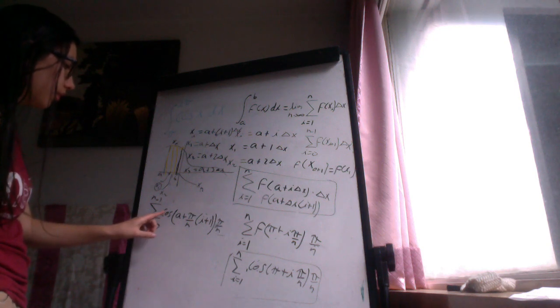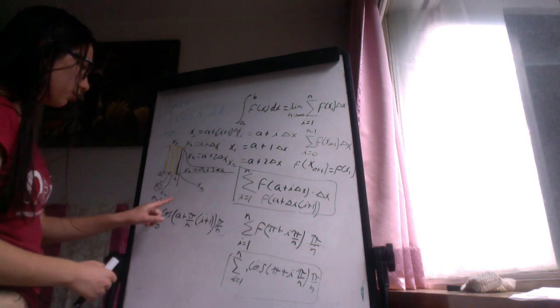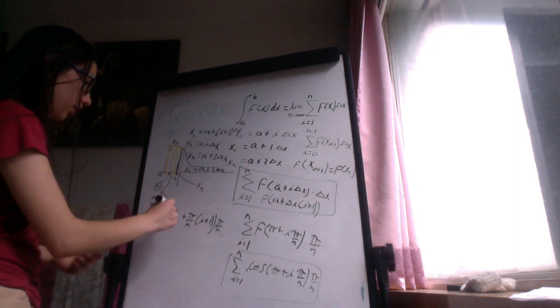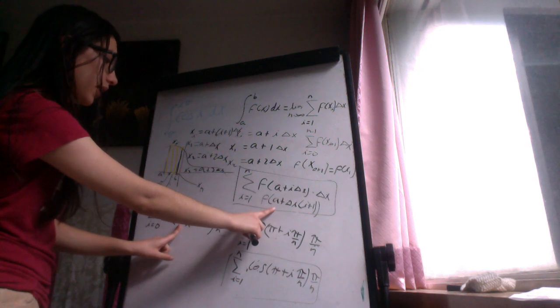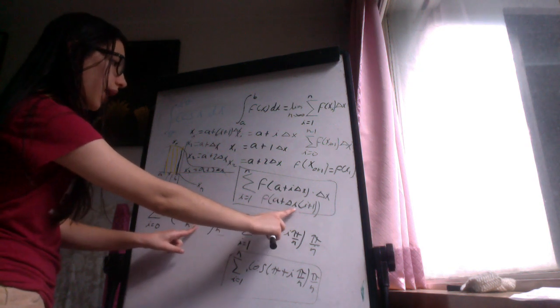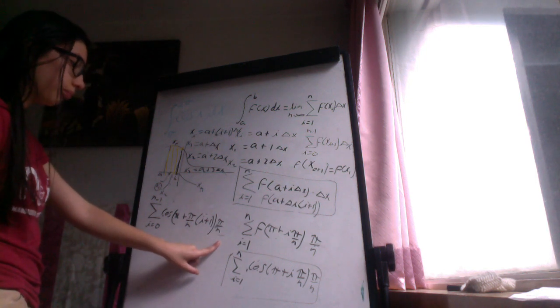So for that we have cosine of a, where a is pi, plus delta x, that is pi over n, times i plus 1, times delta x, that is pi over n.